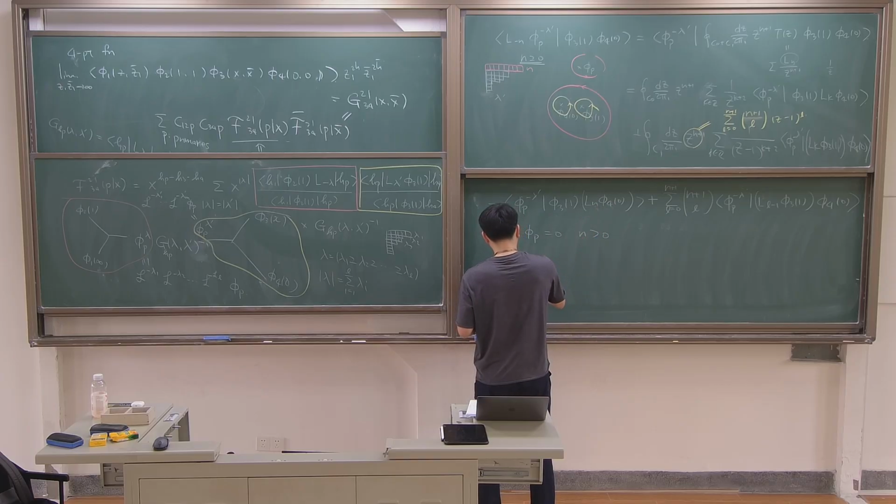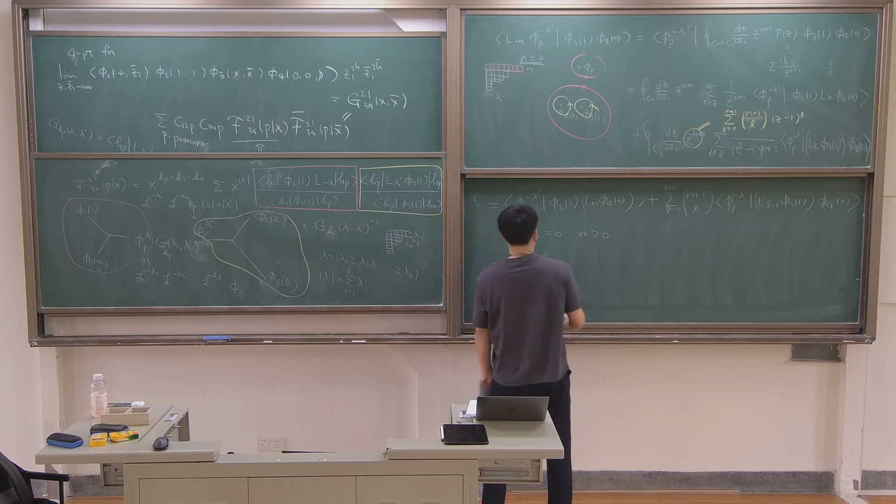So therefore, delta n 0, and if L equals 0, it just gives you the conformal dimension for H4, and then we have something like gamma prime.